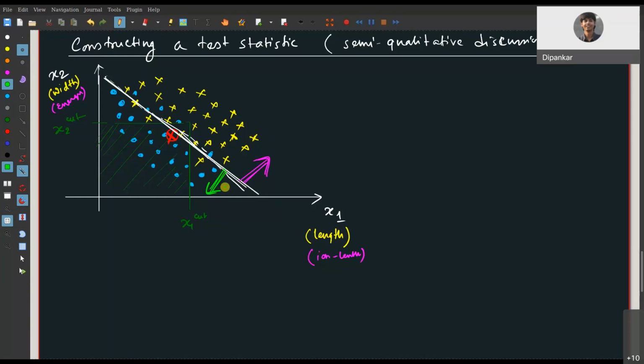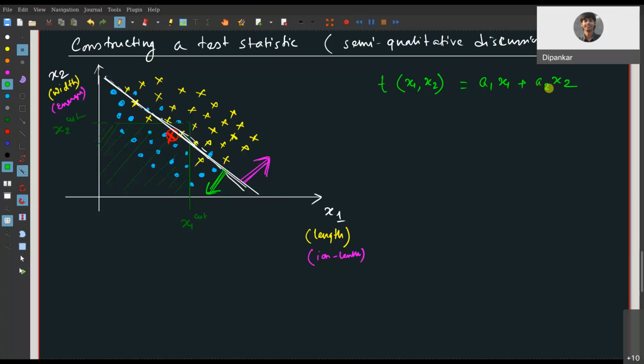And you know what the equation of a straight line should be, right? So the equation of this straight line, if I am allowed to write, I construct a t as a function of x1 and x2, that is a1 x1 plus a2 x2.